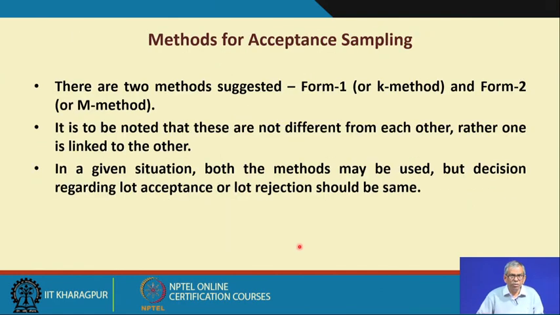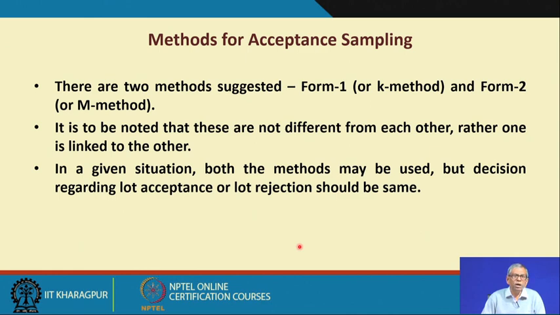Now with this basic understanding, we refer to the methods for acceptance sampling when you are dealing with variables data and your objective is to control proportion non-conforming.